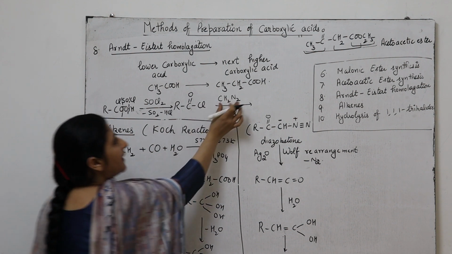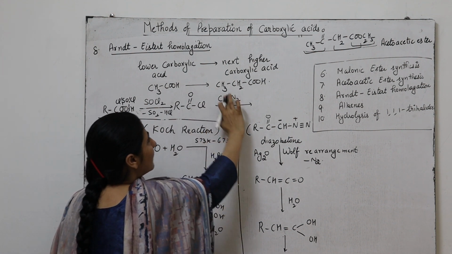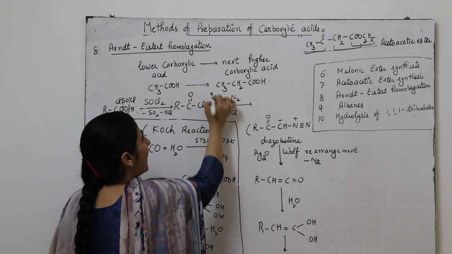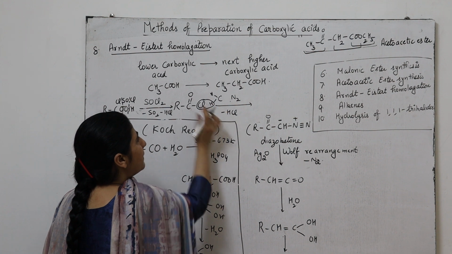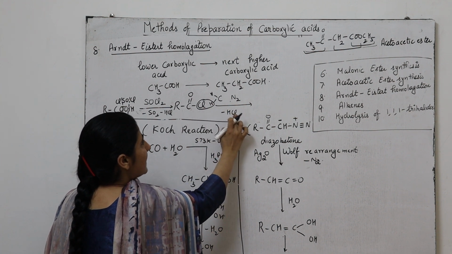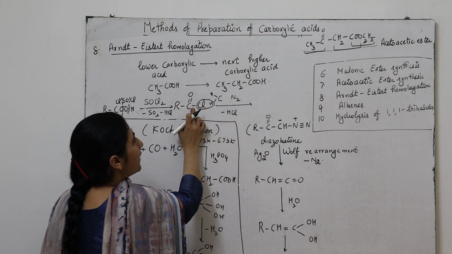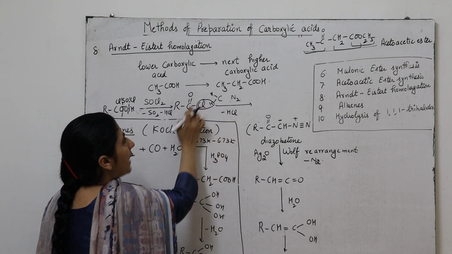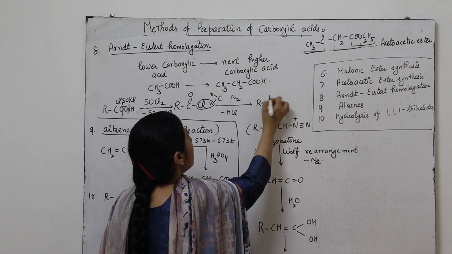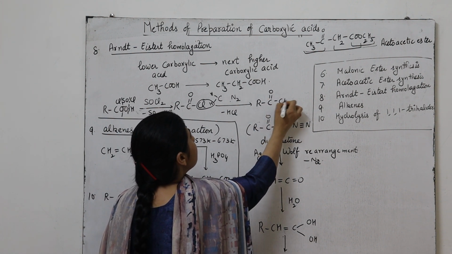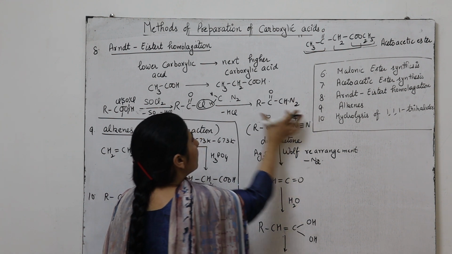Again, the acyl chloride reacts with diazomethane. In this case, as we know, CH2 is the active or methylene group. So H or Cl is eliminated in the form of HCl. So this group CHN2 is attached to this CO group, the carbonyl group. So we get R, CO, CHN2.